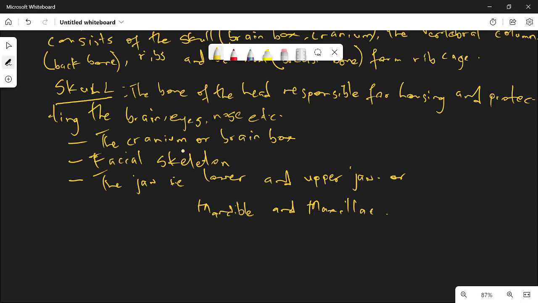We listed them to be three. The first one is the cranium or the cranial, or the brain box. Number two is the facial skeleton, and number three is the jaws, which we listed to be two. We have the lower jaw and the upper jaw, or it could also be referred to as the mandible and the maxillae. Are we together?